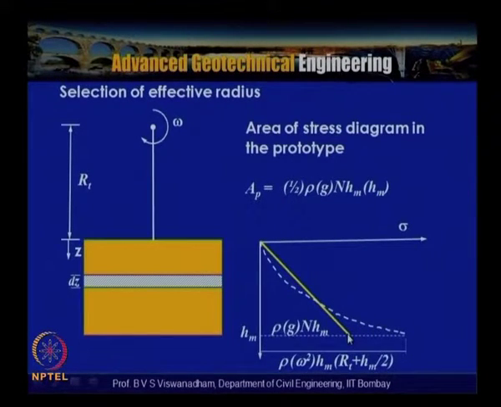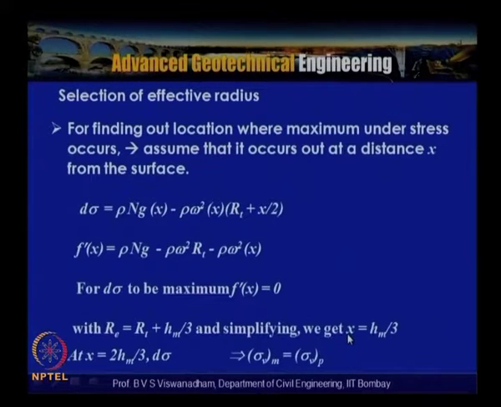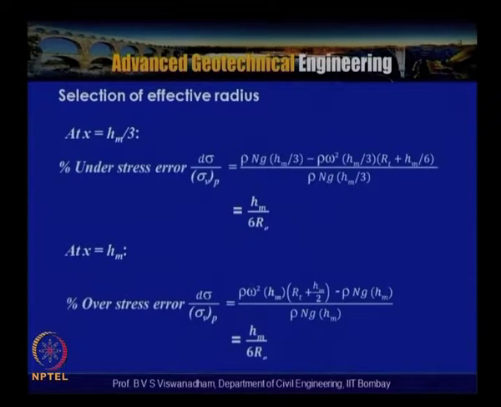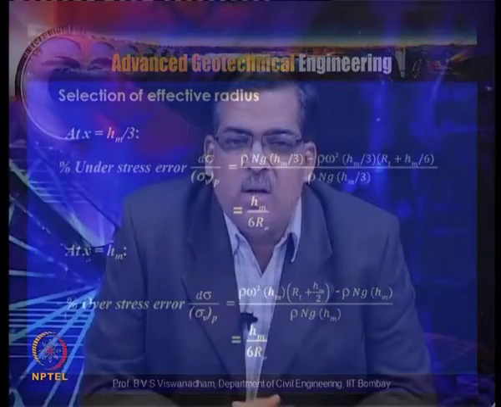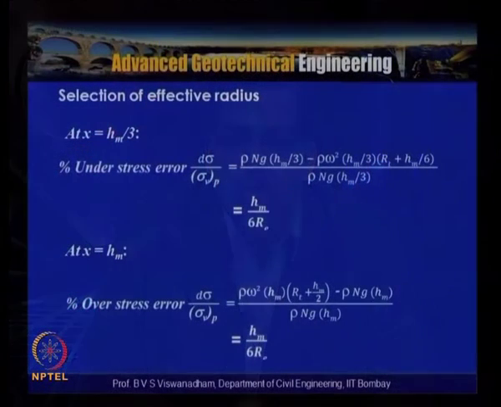Now we can find the resulting errors after knowing the location where the under stress is maximum and where sigma v in model and prototype are equal. At x equal to Hm by 3, where the maximum under stress error is possible, it is defined as d sigma by sigma v prototype.